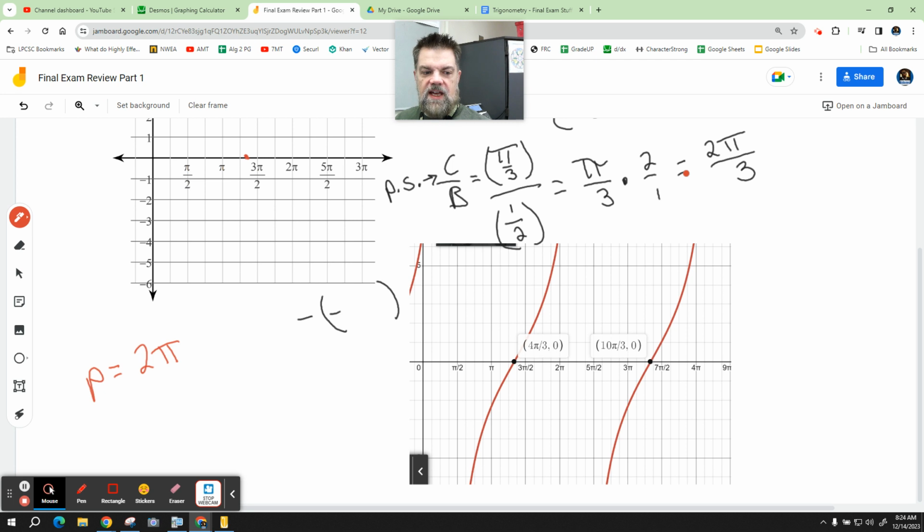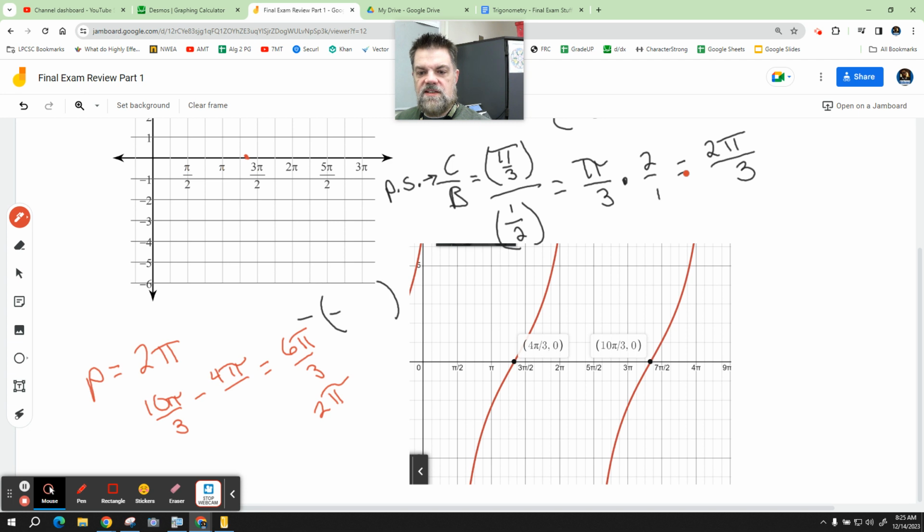If you look at the difference, 10 pi over 3 minus 4 pi over 3, that would be 6 pi over 3. What's 6 pi over 3 reduced down to? 2 pi.